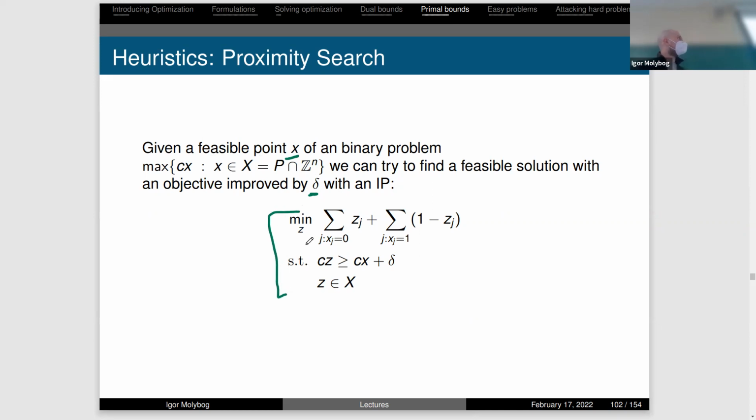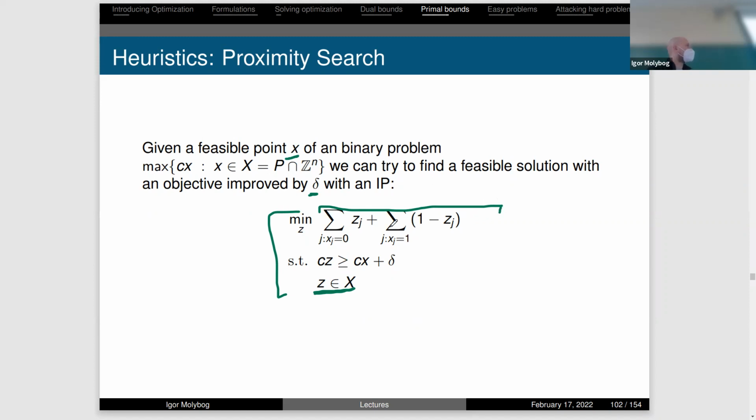We are minimizing over the potentially integral set of z, the vector z. Basically, we are minimizing an objective that consists of two terms that force z to be bound to the values of x.